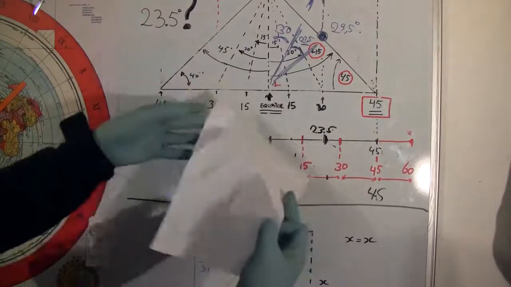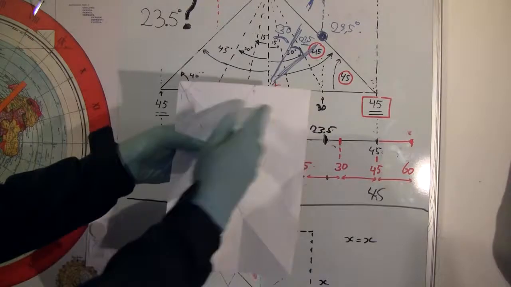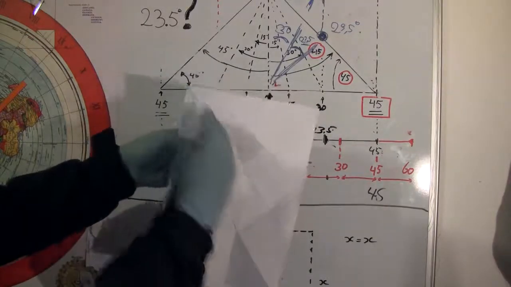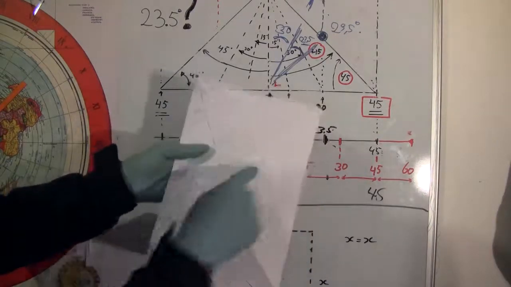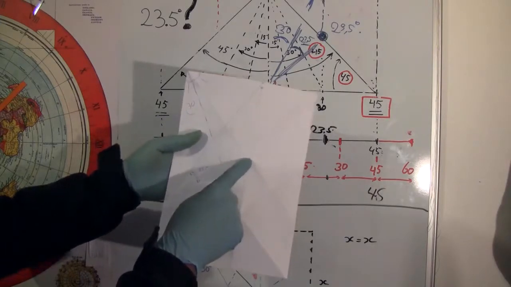This is the 45 degree line, where the 30 degrees crosses the 45 degrees, exactly at that spot.